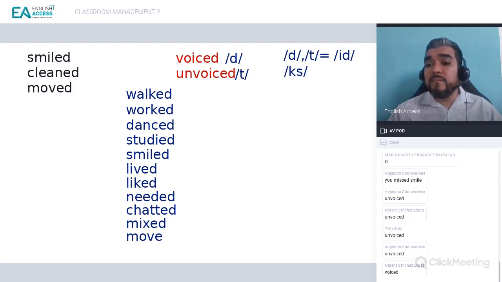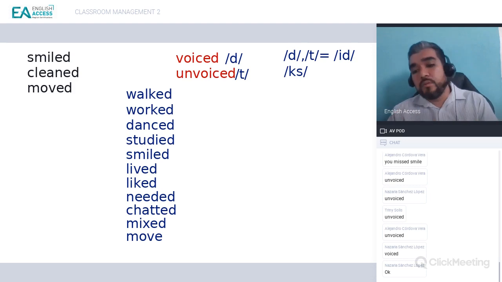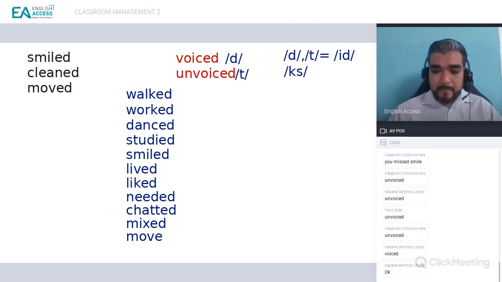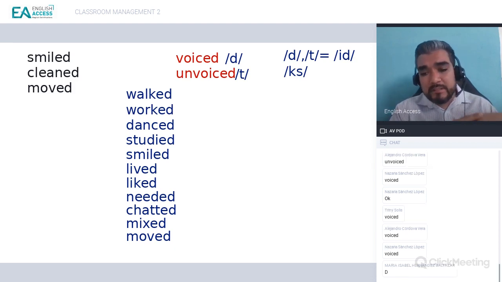Move, the last one. Is move voiced or unvoiced? It's voiced, so you say moved, moved, right? So I explain this to my students, and I always tell them, there is no easy way, right?